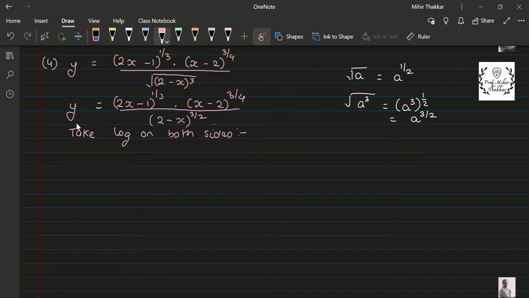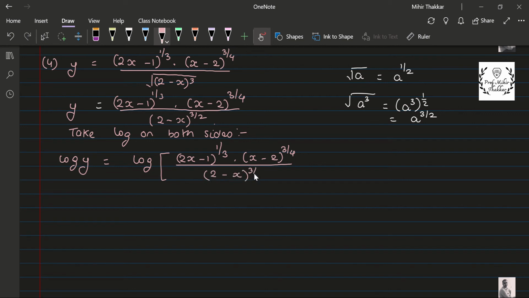So I will get over here log y is equal to log of this entire function, (2x minus 1) raised to 1 by 3 into (x minus 2) raised to 3 by 4 upon (2 minus x) raised to 3 by 2. Now, according to the property of logarithm, in the numerator, both the log values will get added. In the denominator, the log value will get subtracted.